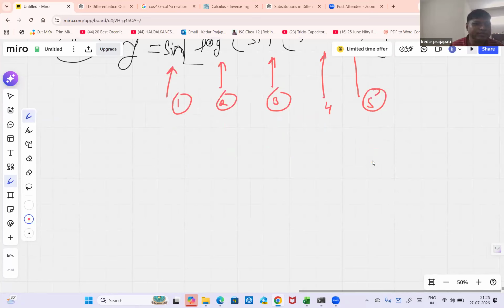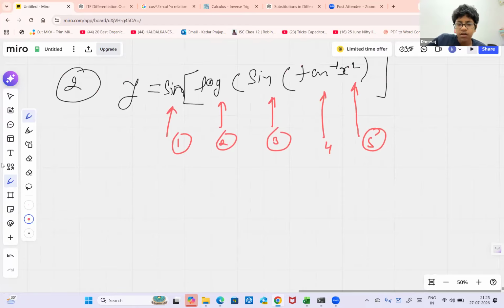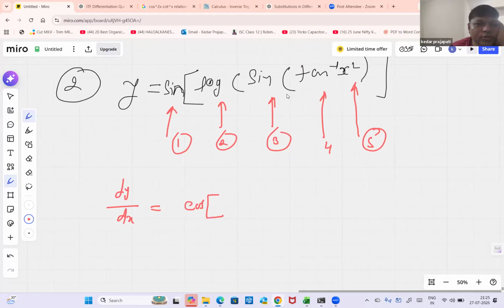Can you help me in doing this? Let me bring it down. dy by dx is equal to cos, then copy all, tan inverse x square.